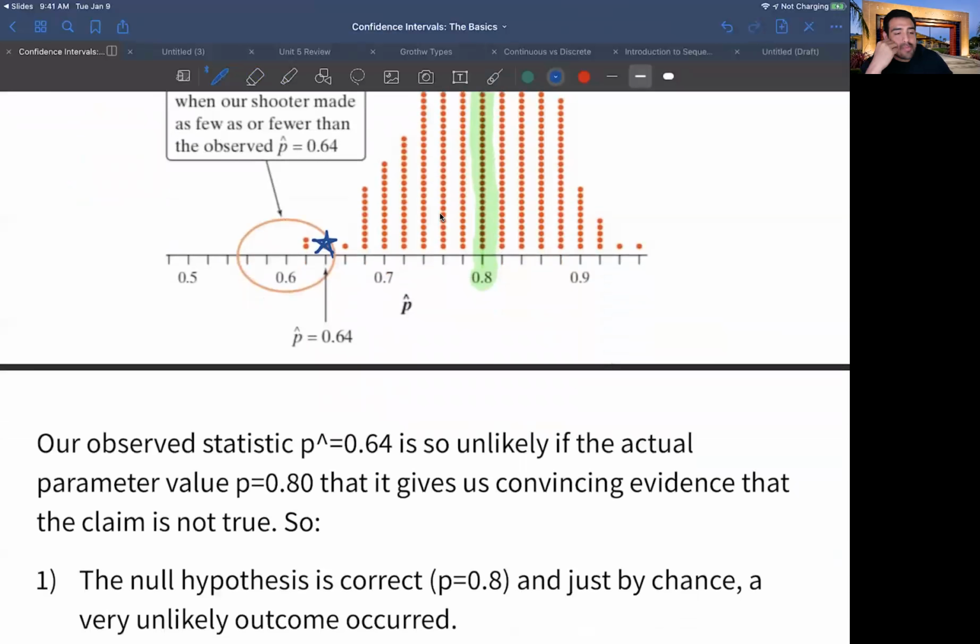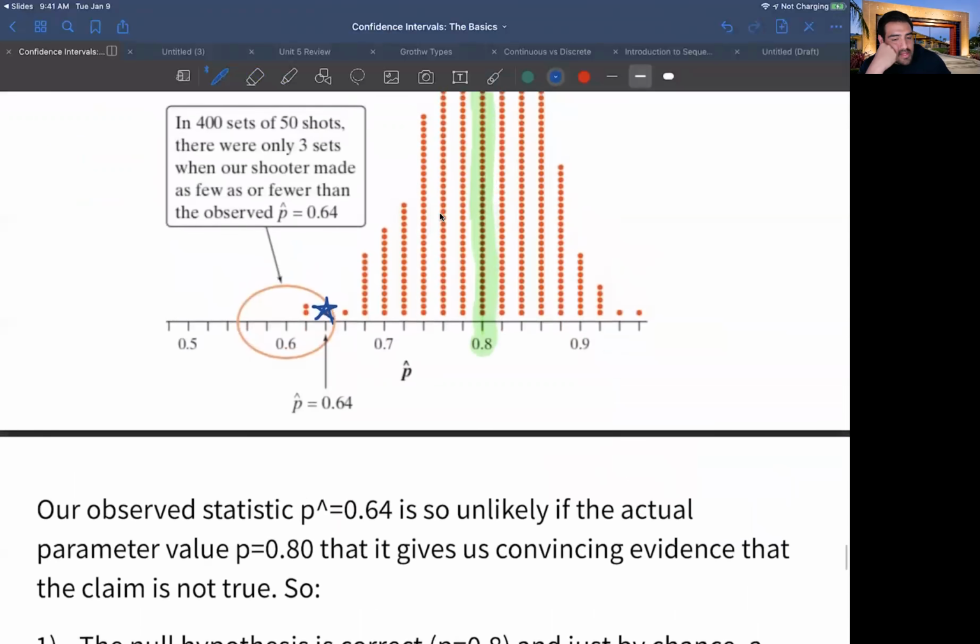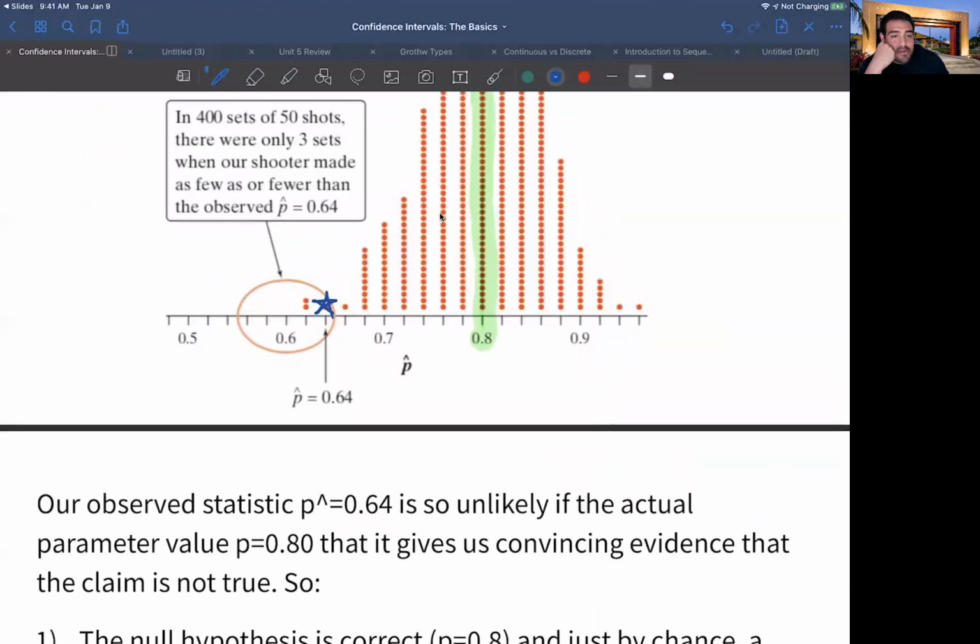So our observed statistic of 64% is so unlikely, if the actual parameter is 80%, that it gives us convincing evidence that the claim is not true. Let me rephrase that. The 64%, there's such a small chance of it actually happening. There are two different scenarios that can happen.